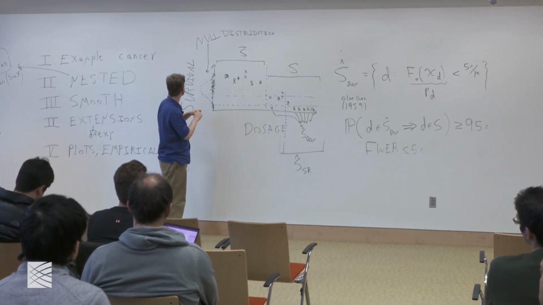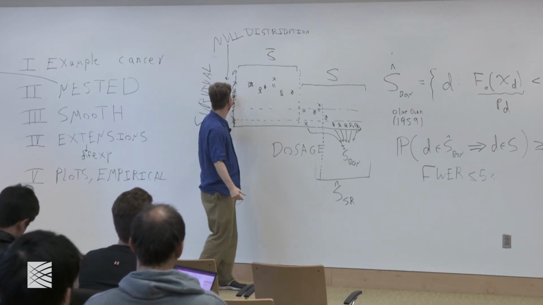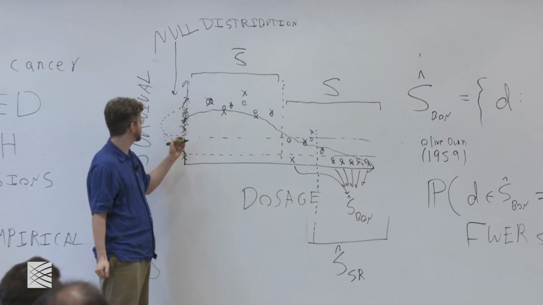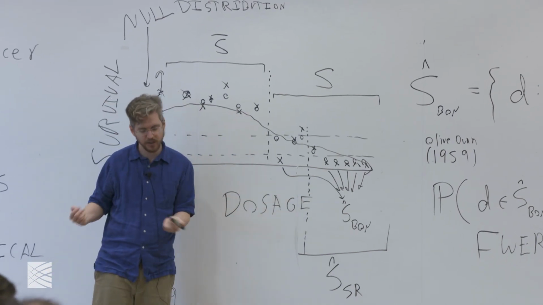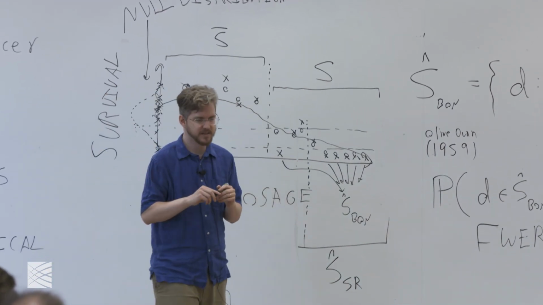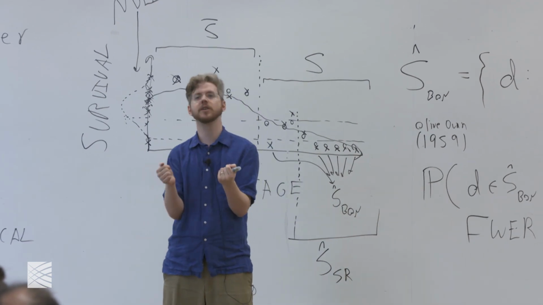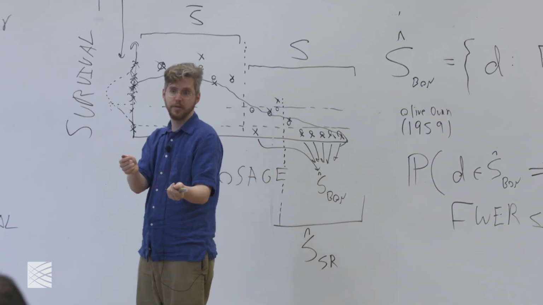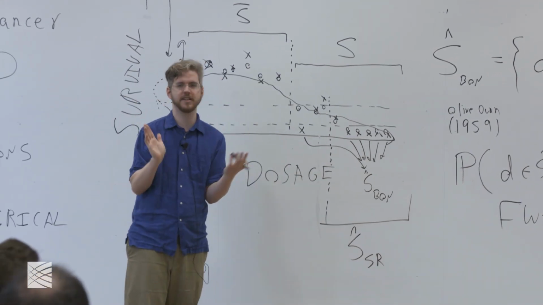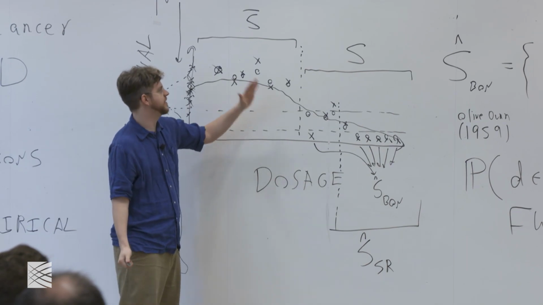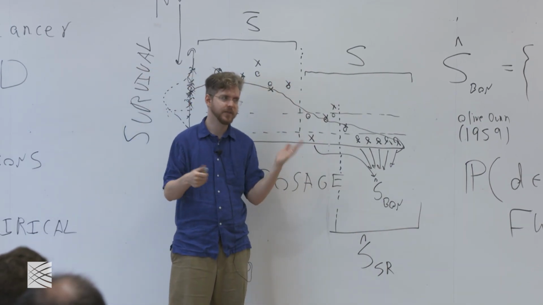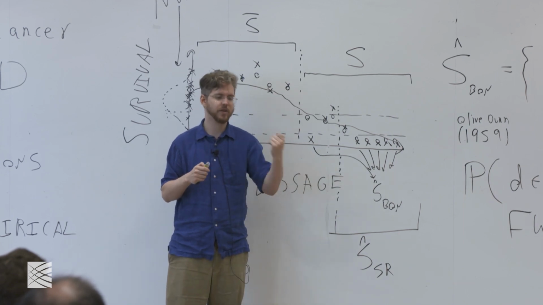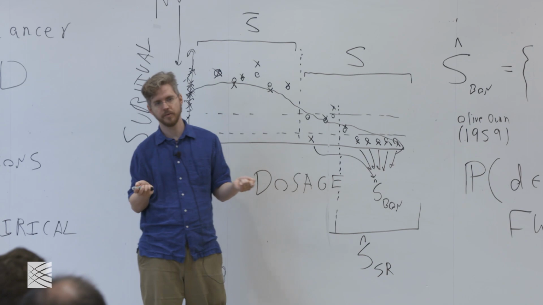The real truth is there's some relationship between survival and dosage, and what you want to find is not the point where it goes from no effect to some effect, but where it goes from some effect to an effect that's at least as big as something you care about, something clinically significant. So there is really smoothness in the whole thing. We made this fantasy, to keep things simple, that it's either no effect or some effect. Really, there's an effect at every dosage, and you need to correct for that. But it's more of a technical issue and not one that actually is a problem in practice.